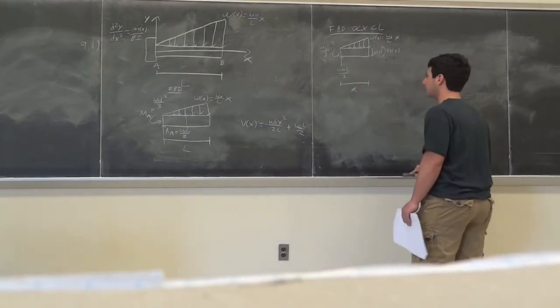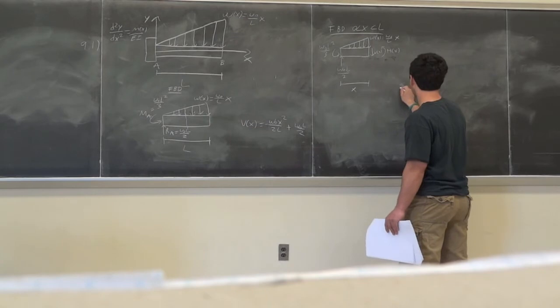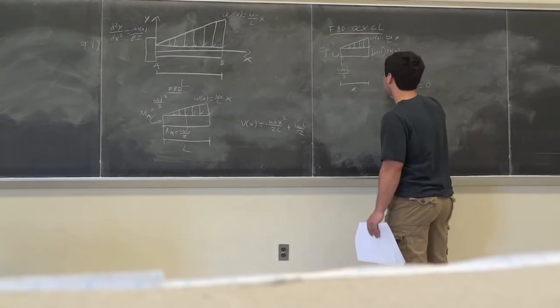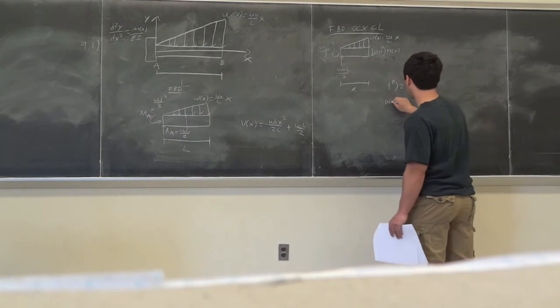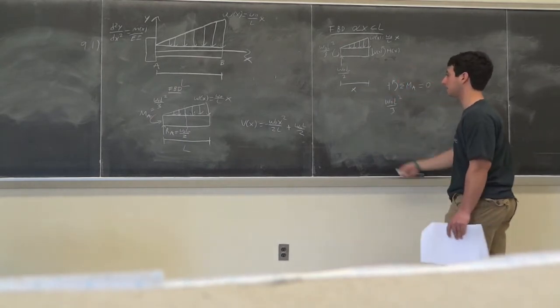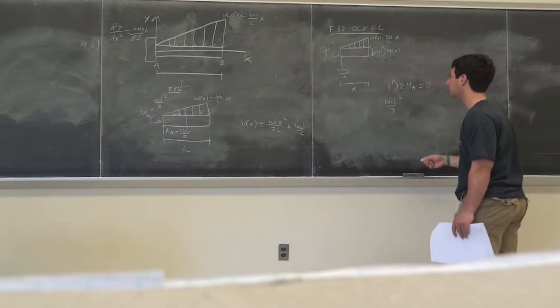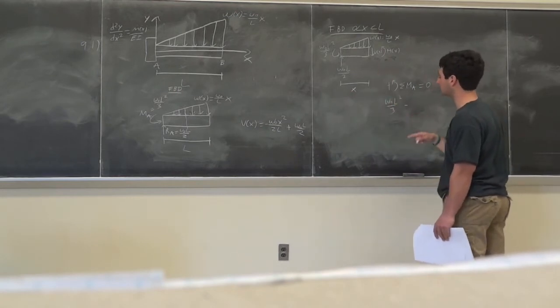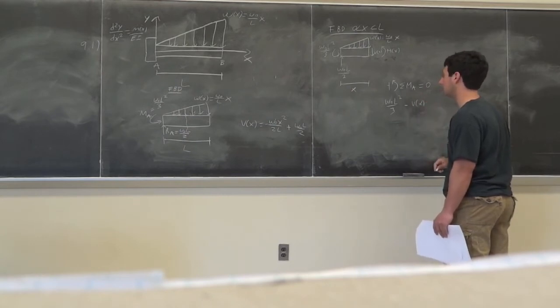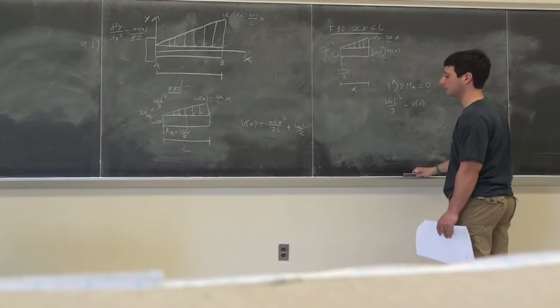Alright, so let's sum the moments at A. So we have W naught L squared over 3, that's positive, and then you have X times Vx, that's going clockwise, so it's minus. Oh, this is definitely gonna confuse you guys.